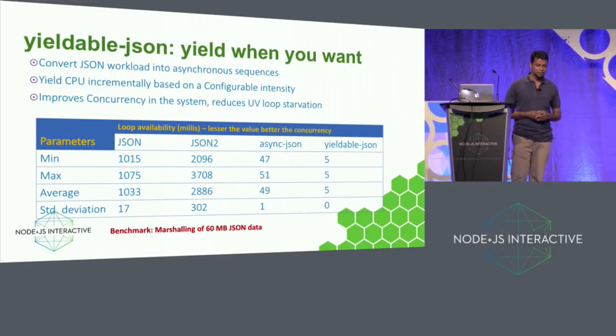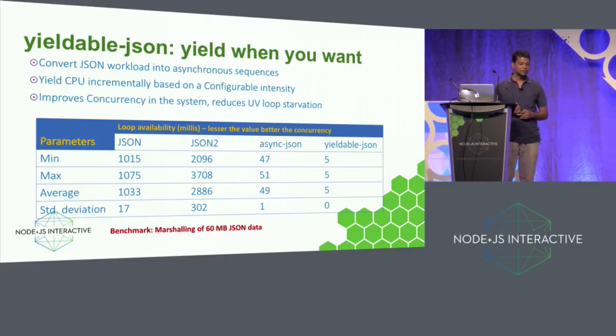The data elements which we are looking at are based on the loop availability, not really on the performance. We are looking at the throughput, at how we can serve concurrent clients better when you have a huge amount of JSON workload in your application. The first two are the same implementation in two different languages, JSON and JSON2. For 60 MB of JSON data, you have this amount of latency.